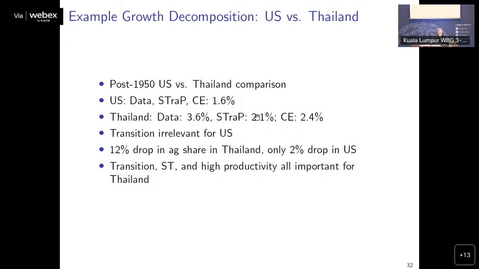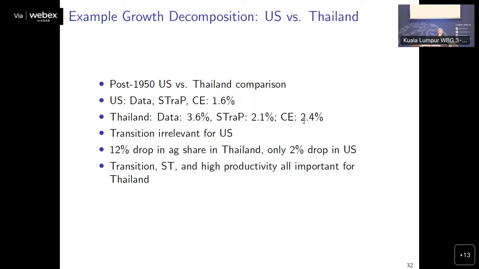Some of that is predicted by the strap because Thailand is much more agrarian, so it's faster growing. So you get an extra 0.5% that comes from pure structural transformation. And then on top of that, you get about 0.3% that comes from Thailand starting out with a low capital stock, the transitional dynamics.